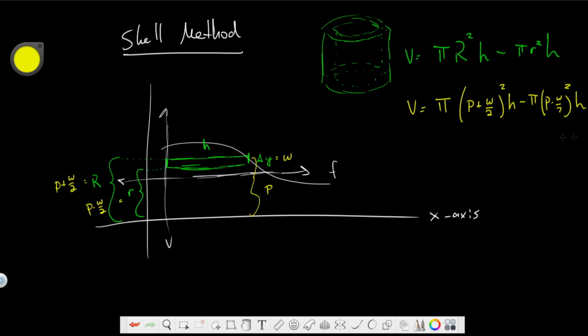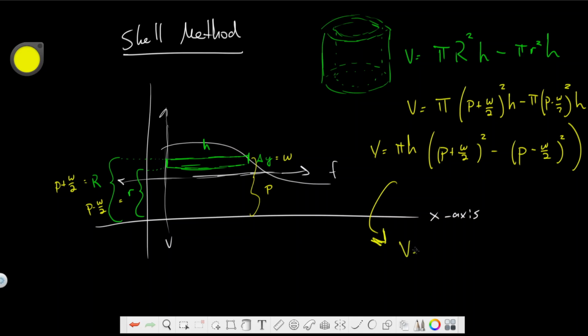Cool. Let's simplify this thing. I'm going to factor out a pi and an h, and I'm going to be left with p plus the width divided by 2 all squared, the average radius plus the width divided by 2, minus the average radius minus the width divided by 2, squared. And then just a little bit more simplification.